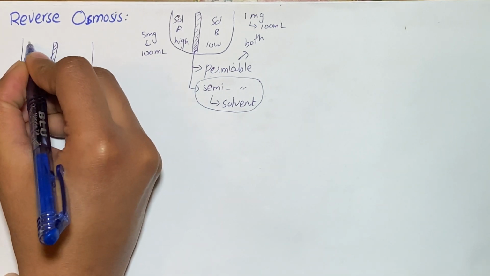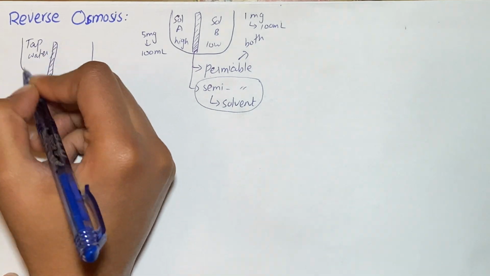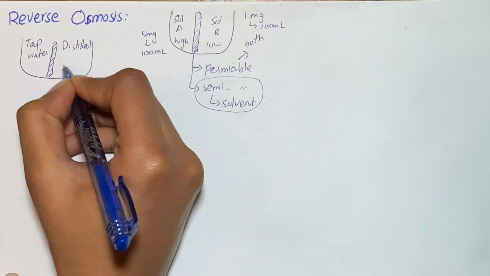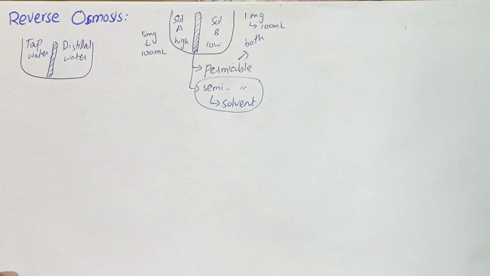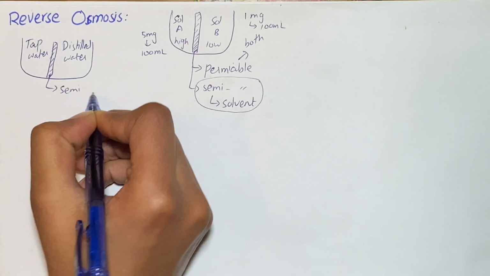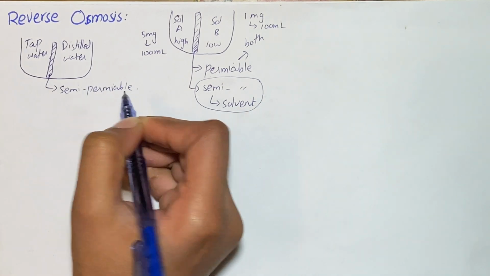So if we are having tap water on one side of the tank and distilled water on the other side of the tank, and between them there is a semi-permeable membrane. As we know, a semi-permeable membrane only allows solvent molecules to pass across it.